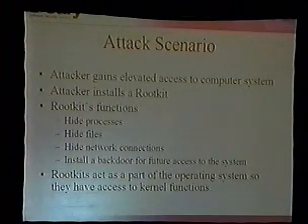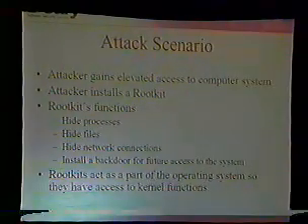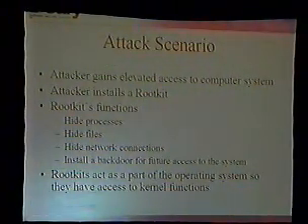So an attacker will put down a rootkit to hide their presence and their activity on the box from system administrators and so on, and maybe IDSs. So your rootkit is acting as part of the operating system if it's intercepting API calls. It's really part of the operating system if it's down in the kernel.